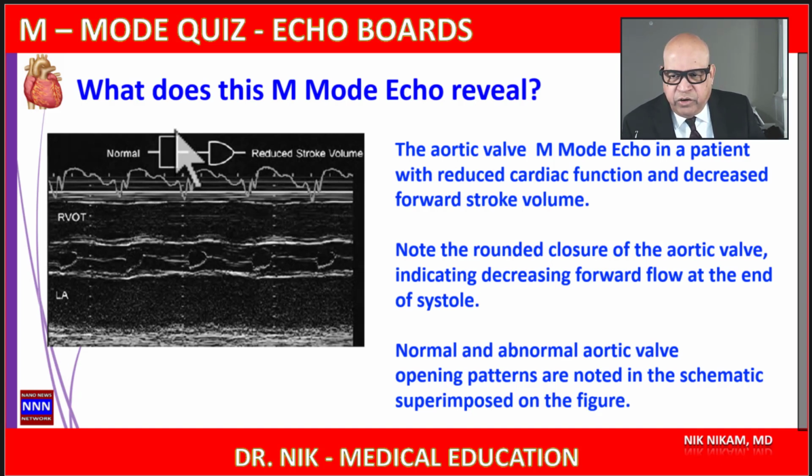The normal opening should be like a box, but here it is almost like a pyramid. Anyway, this is representing reduced cardiac function, which we already deduced by looking at the aortic root movements, the aortic valve closure, and the left atrial dimension.